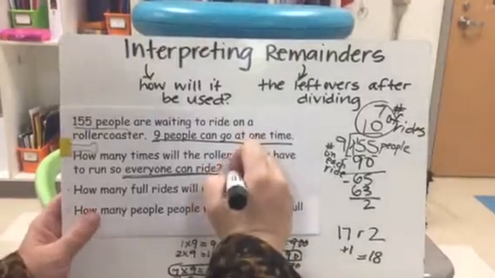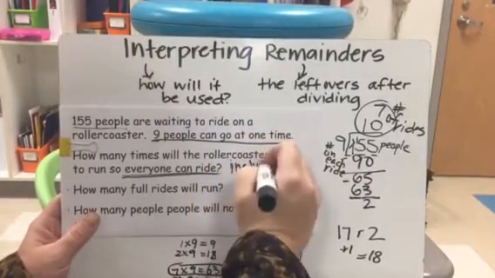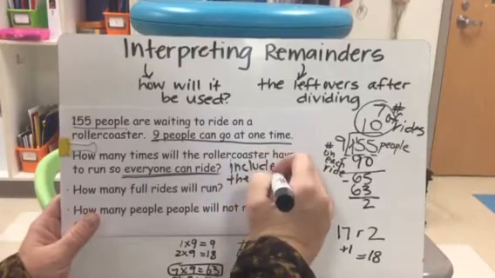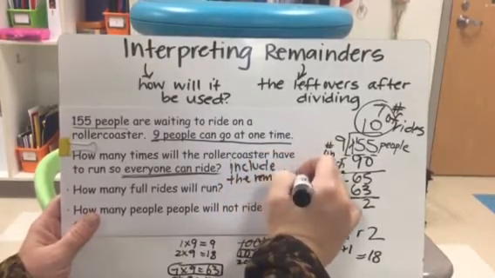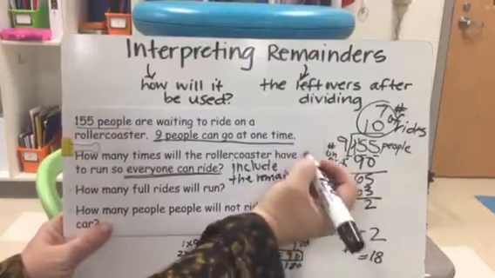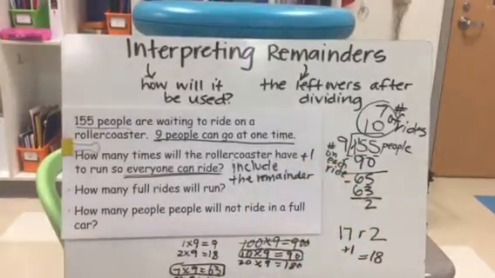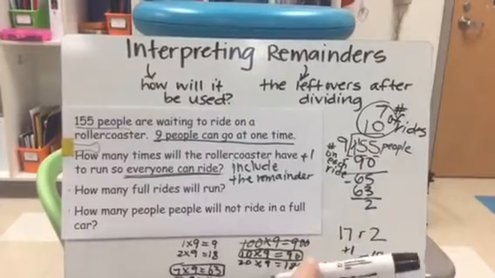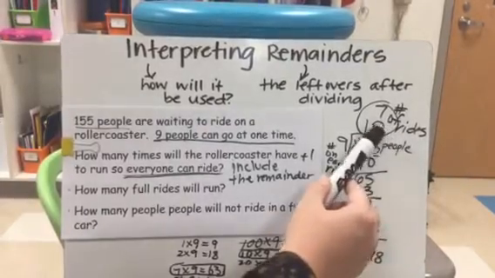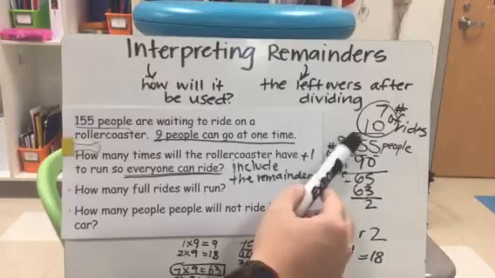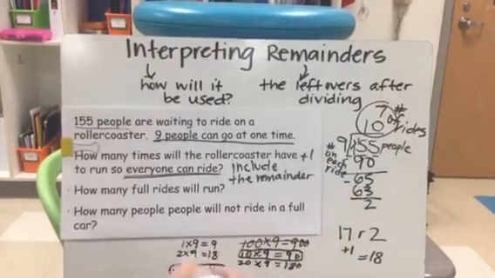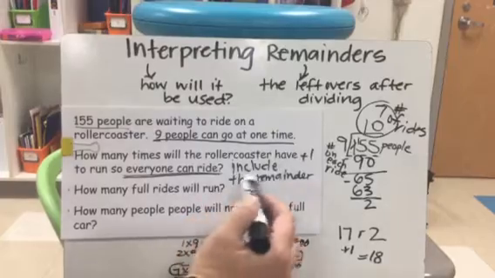So for this one, we have to include the remainder. And a lot of times including the remainder means you do a +1. We have to run that roller coaster 1 extra time, but there's only going to be 2 people on it. So 17 groups of 9 full rides, and then 1 extra turn with those 2 people. So that's one way you include the remainder.